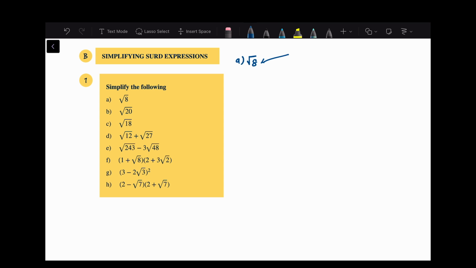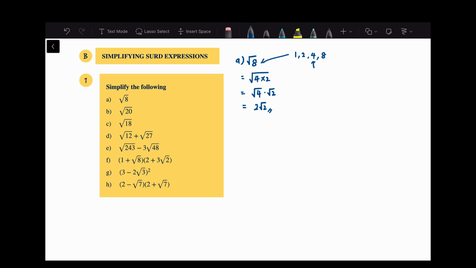Now the factors of 8 are 1, 2, 4, and 8 itself. Identify that factor that can be square rooted. In this case, it is 4. So square root 8 has factors 4 multiplied by 2. All we need to do is to split 4 and 2, and this will give us 2 square root 2.